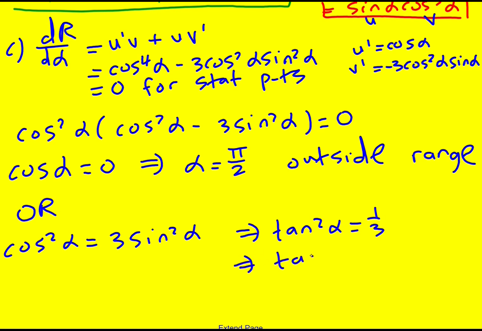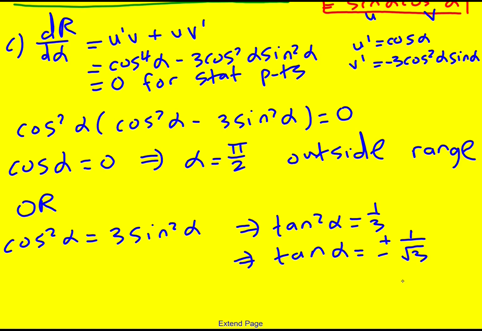This means that tan alpha is going to be plus or minus 1 over the square root of 3. But remember, we're only interested in values between 0 and pi over 2, so reject the negative because tan is going to be positive.